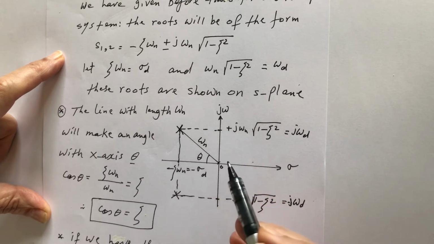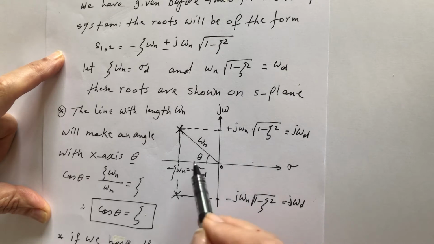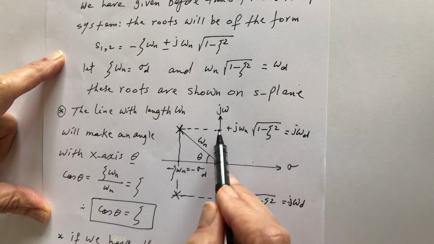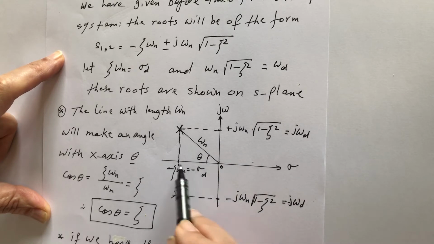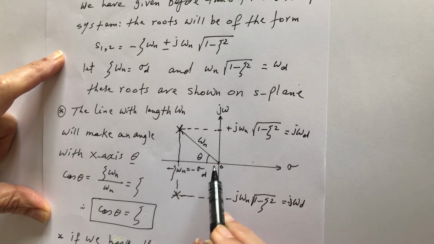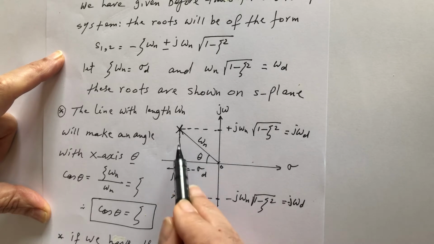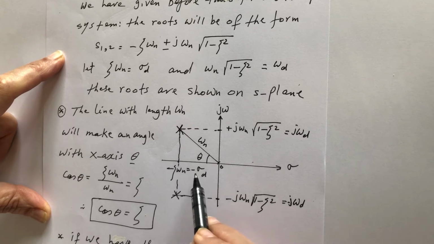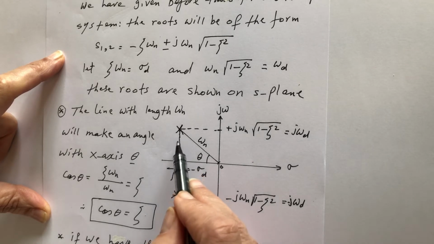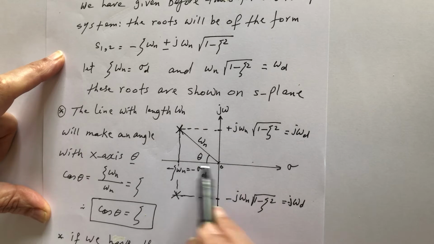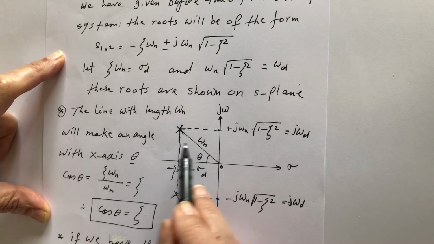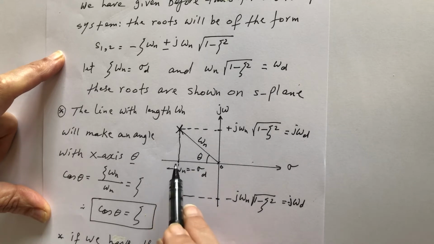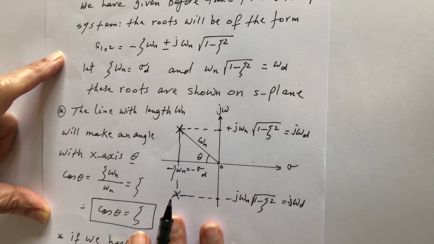By the Pythagorean theorem for the right-angled triangle, this is j omega d, this is zeta omega n and this is omega n. Omega n equals the square root of (zeta omega n) square plus omega d square. I get omega n, and of course omega n is greater than this one or this one. Okay, this is the S-plane.